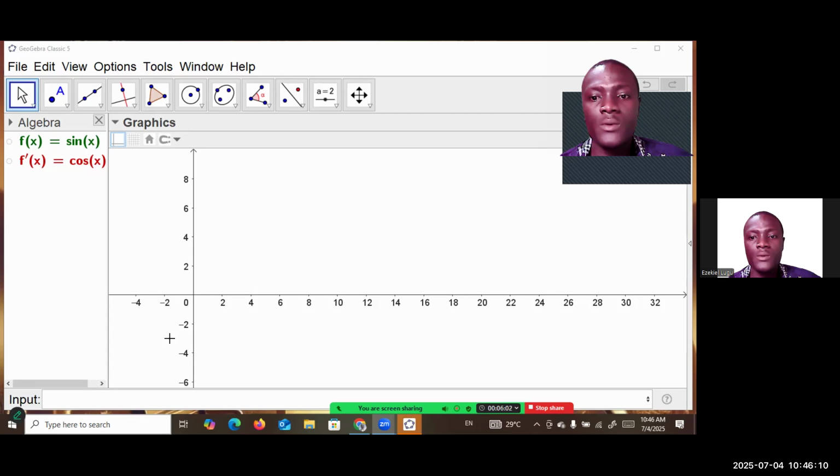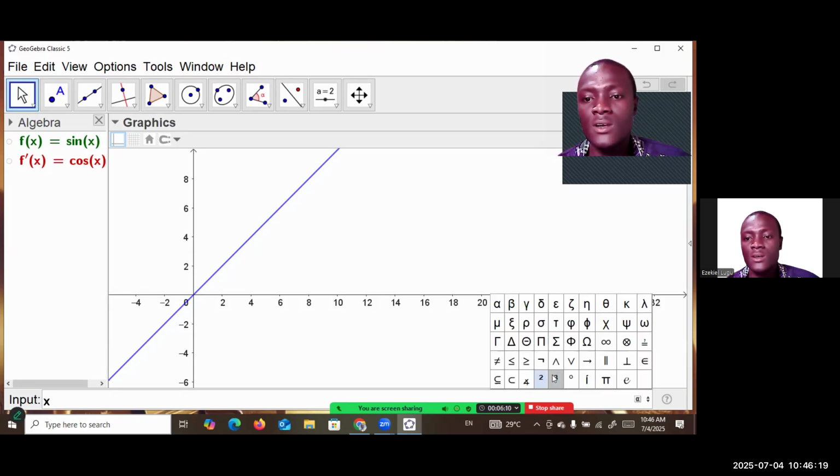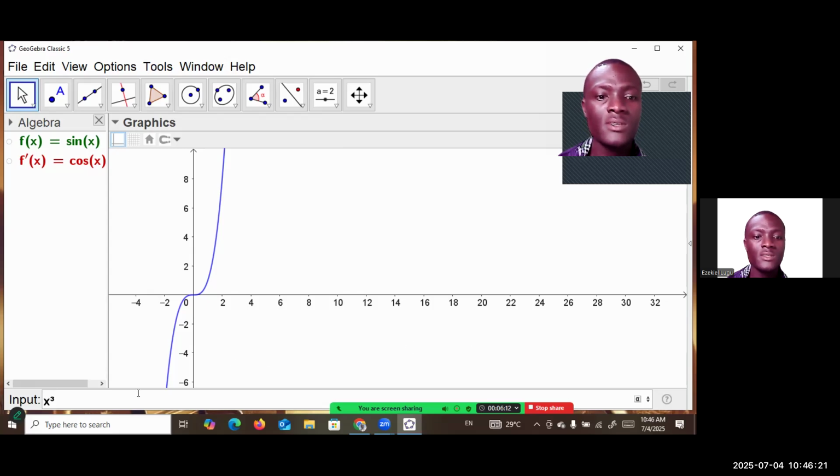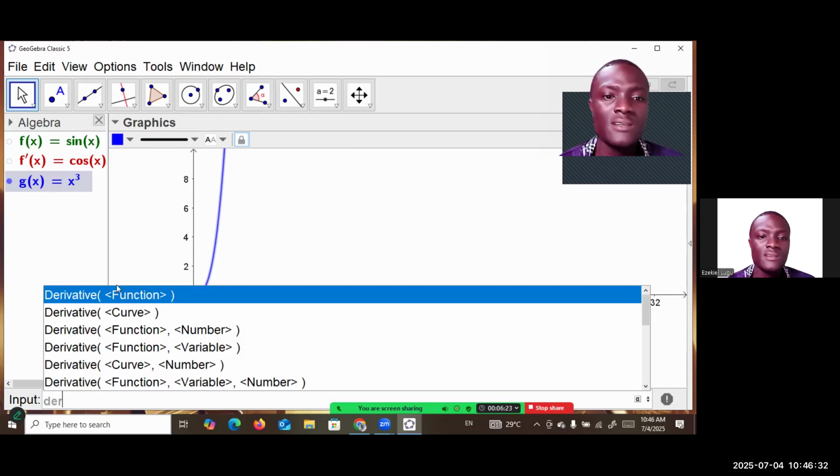You'll see your x cubed here. So this is the graph of a cubic function, how it is represented. Now you just go to the input and type the derivative of that function.